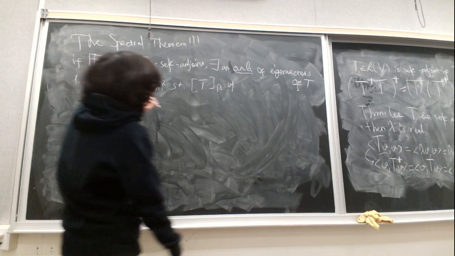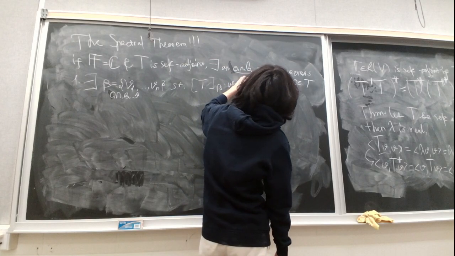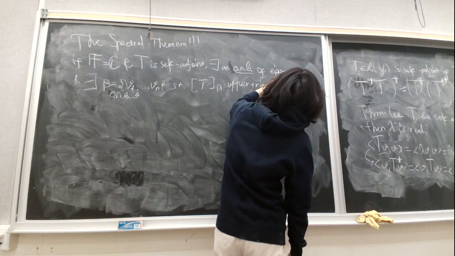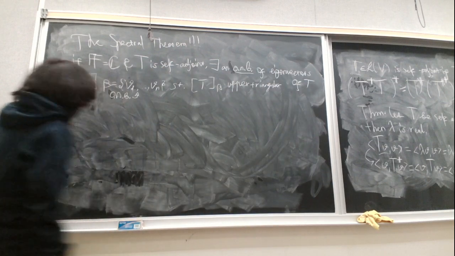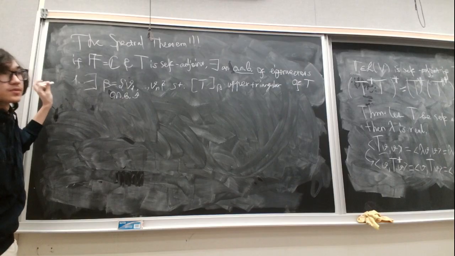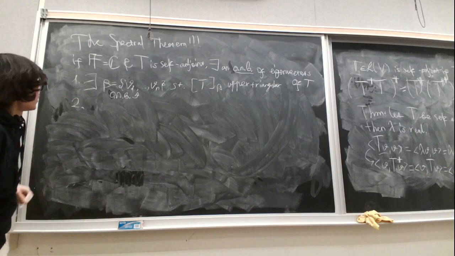This is an orthonormal basis, and T with respect to it is upper triangular. So this is just what we know from before. It's called Schur's theorem, Axler calls it.